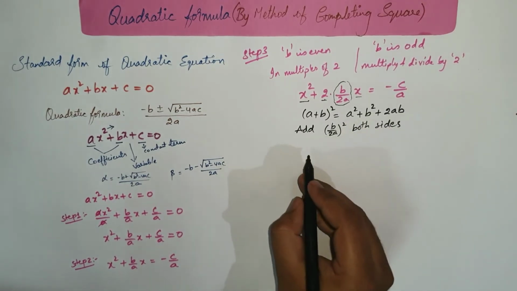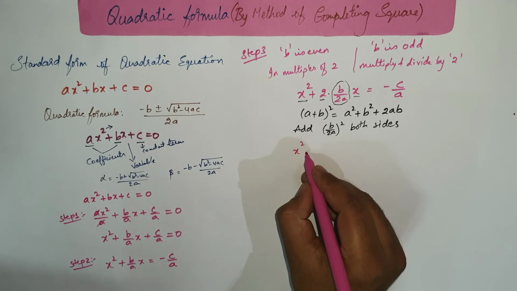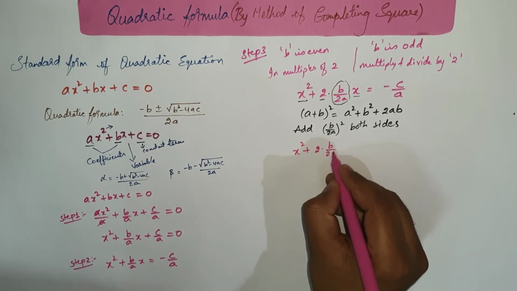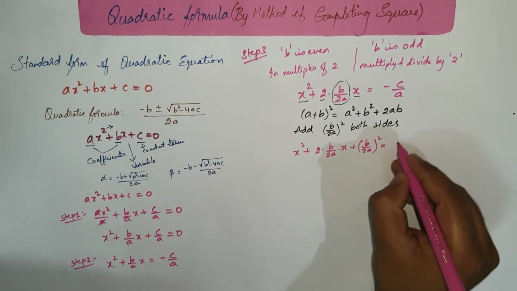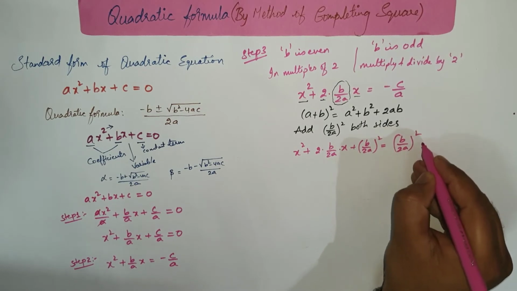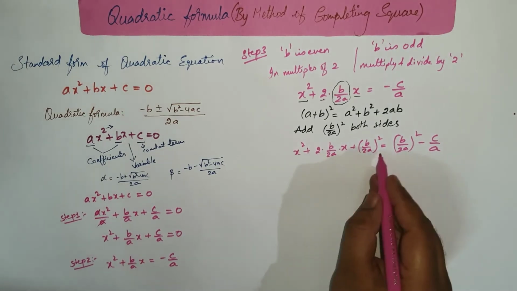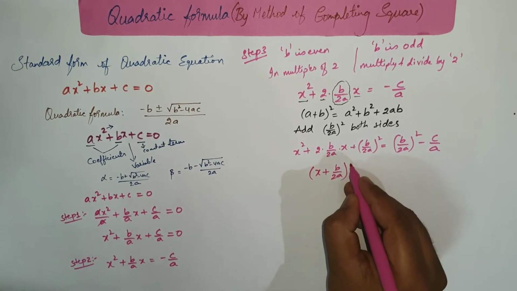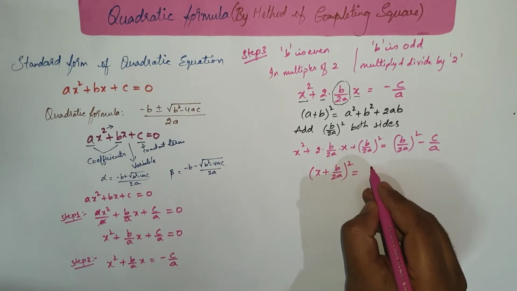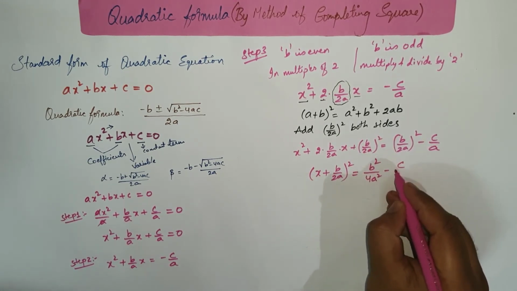If we add b by 2a whole square on both sides, then this will be written as x square plus 2 into b by 2a into x plus b by 2a whole square on this side, and b by 2a whole square on the other side minus c by a. Now this is in the form of a plus b whole square, equal to b square by 4a square after simplifying, minus c by a.